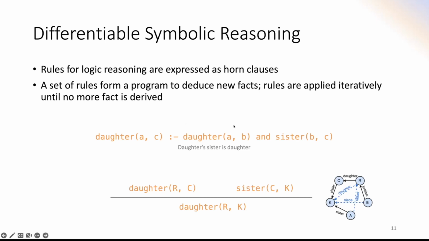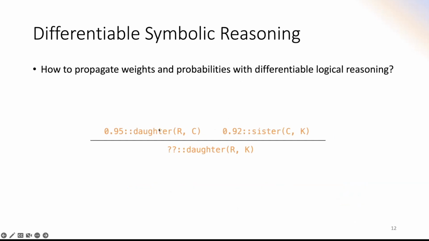And in fact, we can execute this rule on the deductive database, or the discrete database, and we can produce some proof tree like this. So on the top, we have the two facts being used to derive the fact on the bottom. In particular, we're talking about R's daughter is C, and then C's sister is K, and then we can derive K is R's daughter, right?